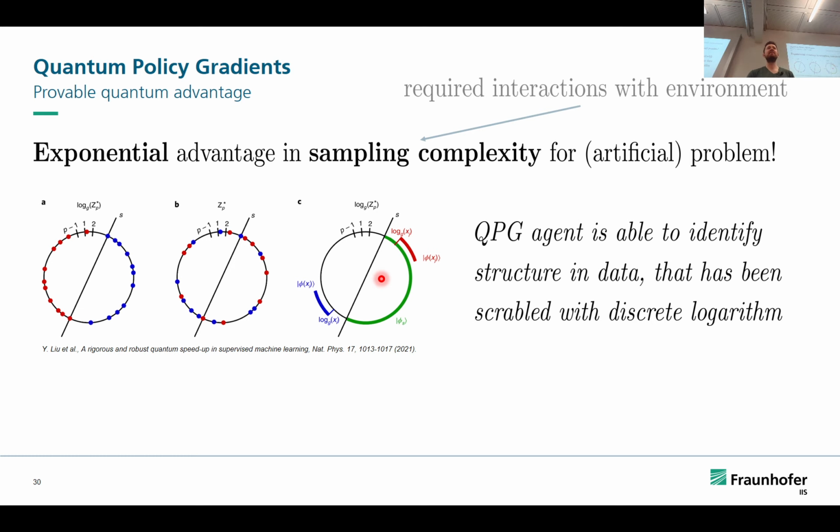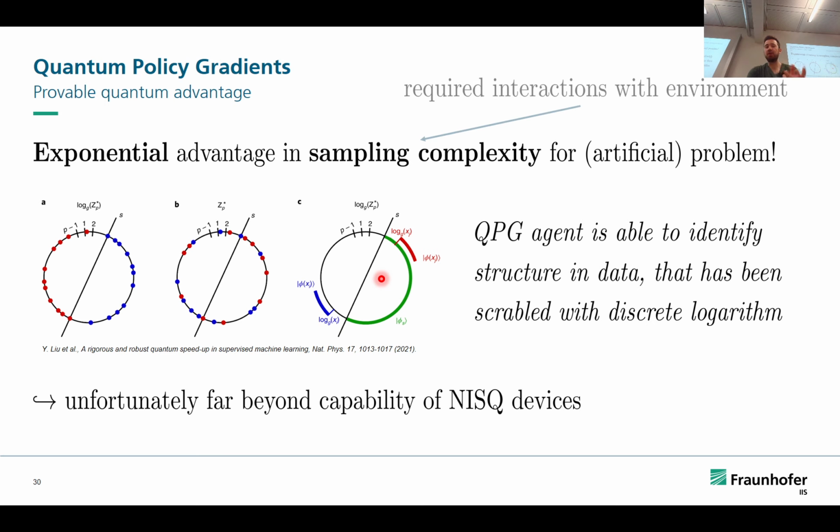So the basic idea is that you just use a very simple classification task and then encode basically the labels with some discrete logarithm function. And as quantum computers are known to efficiently solve the discrete logarithm problem, you can show that a quantum reinforcement learning agent is able to learn this environment with a polynomial amount of samples, whereas the best classical agent will always use an exponential amount of samples.